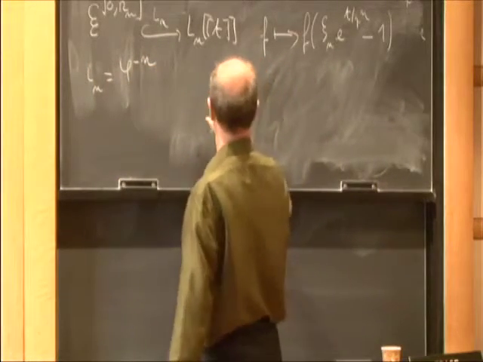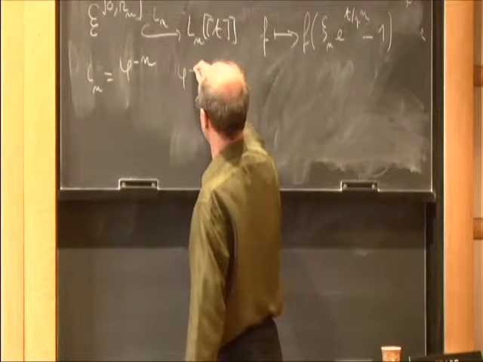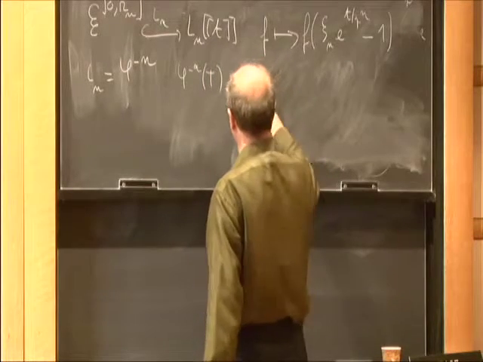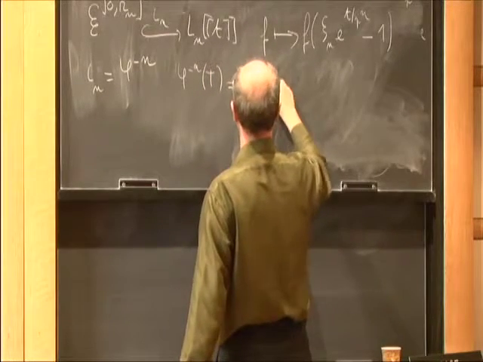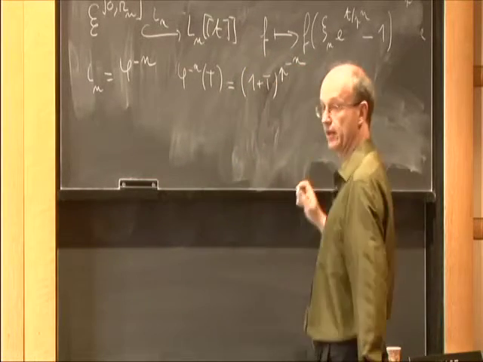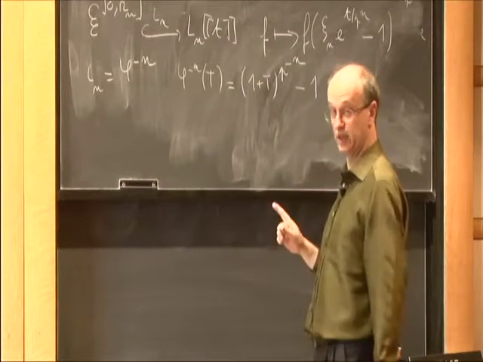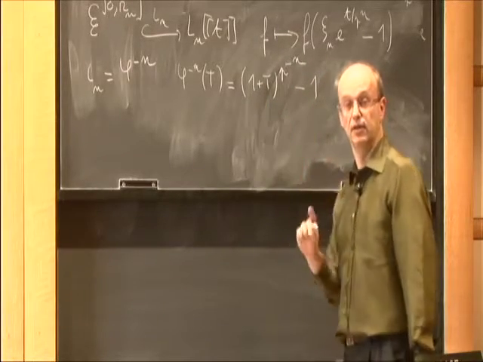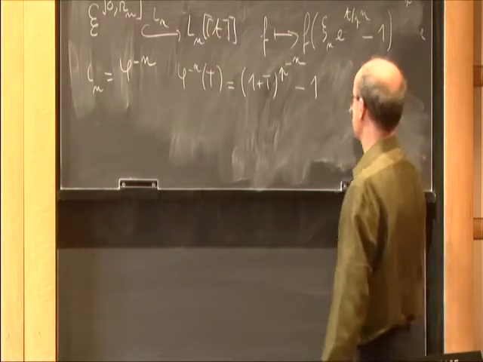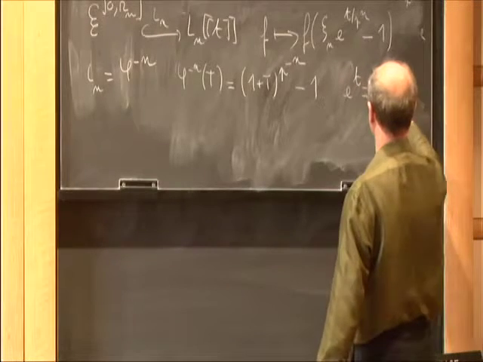Because if you want to apply Frobenius minus n to t, by definition it is going to be 1 plus t to the power p to the minus n, minus 1. So you have to extract a p to the nth root of 1 plus t. And the p to the nth root of 1 plus t that you choose is exactly this one, because what you have is that e to the t is equal to 1 plus t.